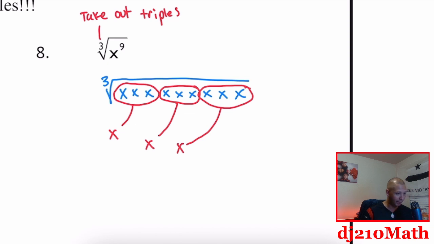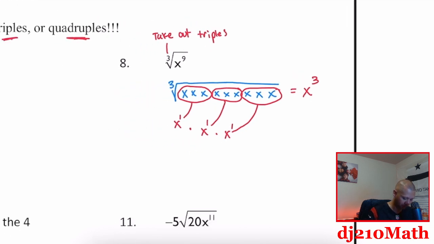All to the front, all outside. So what's left is x cubed, because this is x to the first, x to the first, x to the first. When you're multiplying variables, you add the exponents. So 1 plus 1 plus 1 is 3. So the root is how many you're taking out. Here we're taking out triples because it's a cube root.